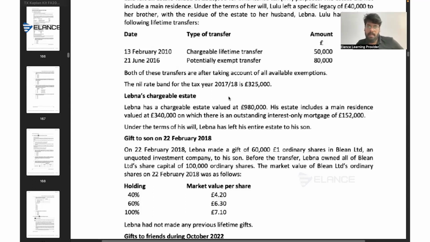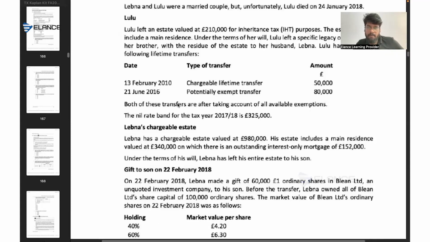Actually, we can deduct that, but here they mention that both of these transfers are after taking account of all available exemptions. So these figures are net of annual exemption and all those deductions. That's why we are not deducting the annual exemption. So that is the answer to the first requirement.